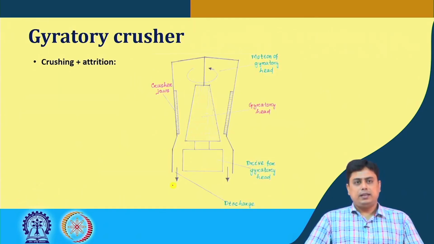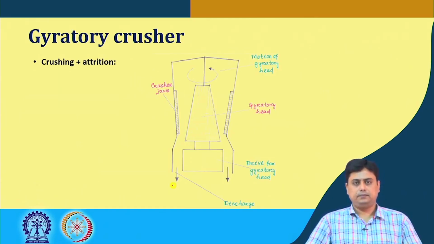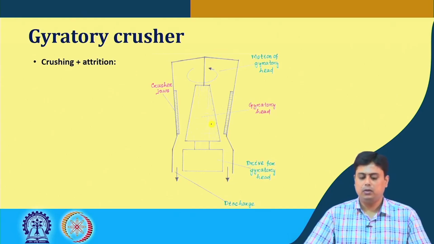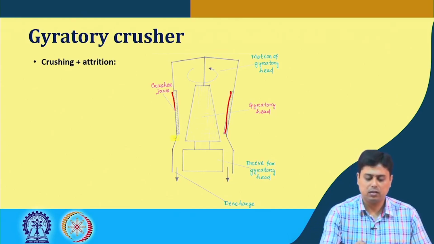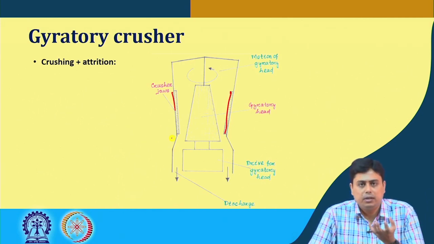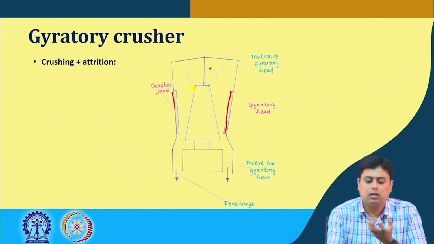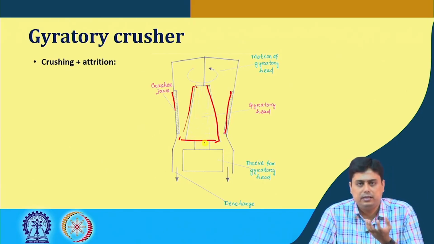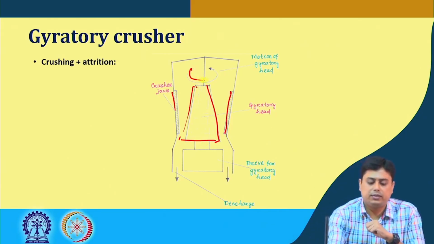The second one, say the gyratory crusher. Now here what happens is that we have a closed chamber, where the surfaces are the crushing jaws, a static chamber, and this kind of shape of a head is there which rotates inside the static chamber. This is the axis of rotation.